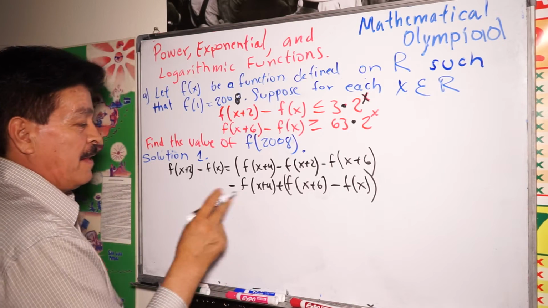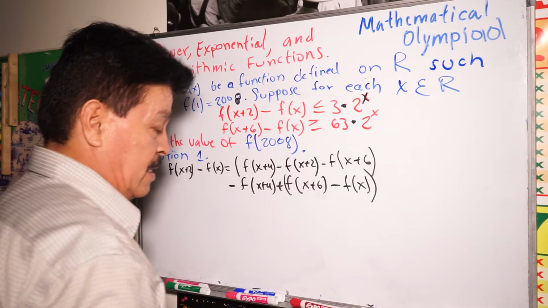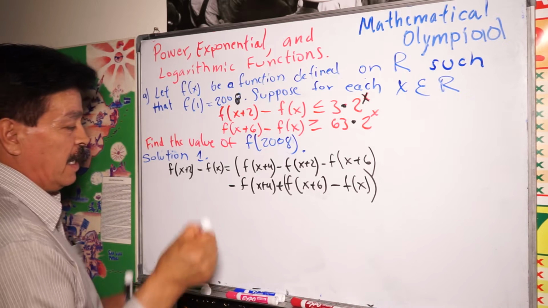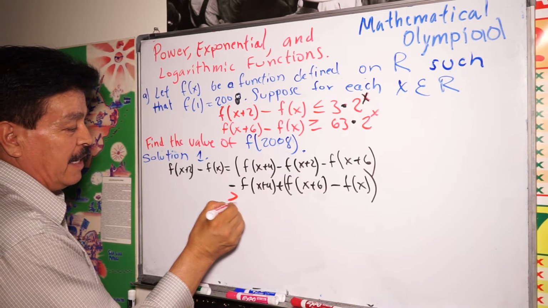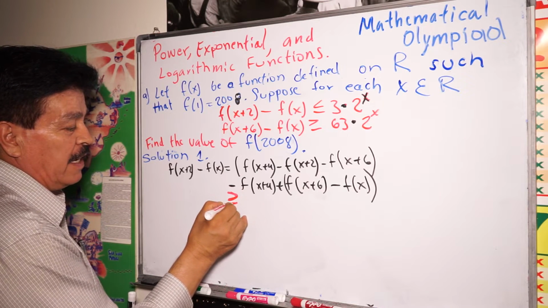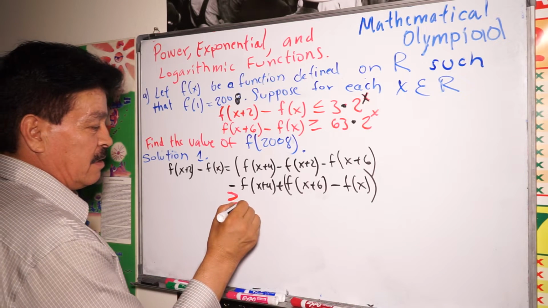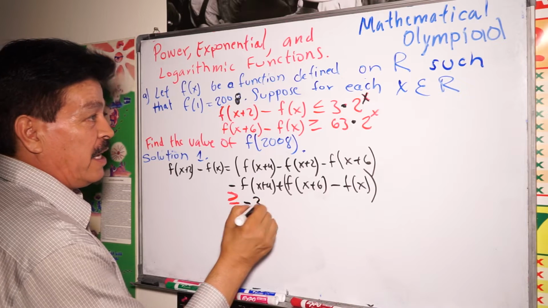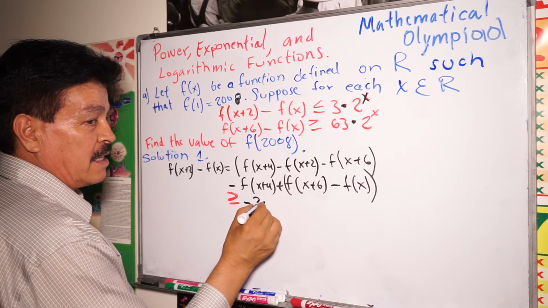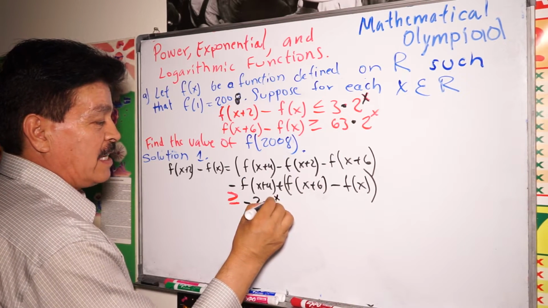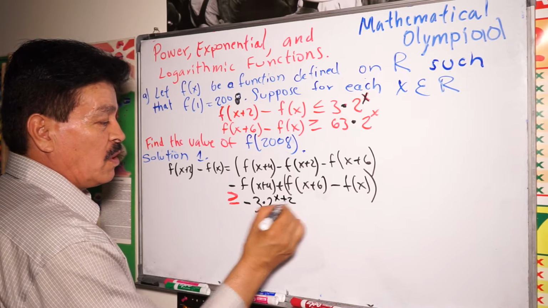Then the next step is going to be greater or equal. So now look at this, minus 3 times 2 to the x plus 2 power.